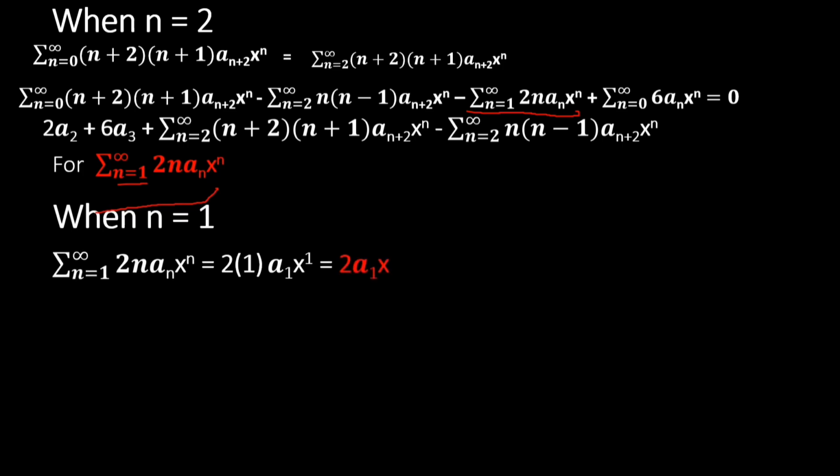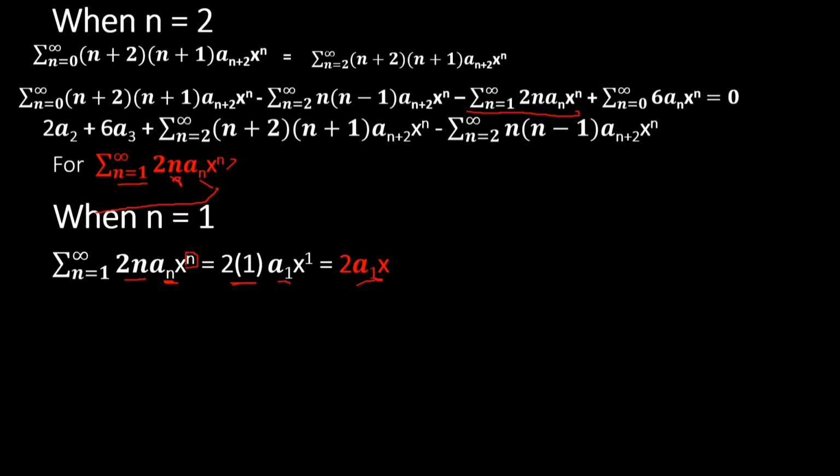That is, I will just substitute n to be 1 where there's n. So here will become 2 times 1, just as you can see here. The subscript of a here will change to 1, and this power here will change to 1.